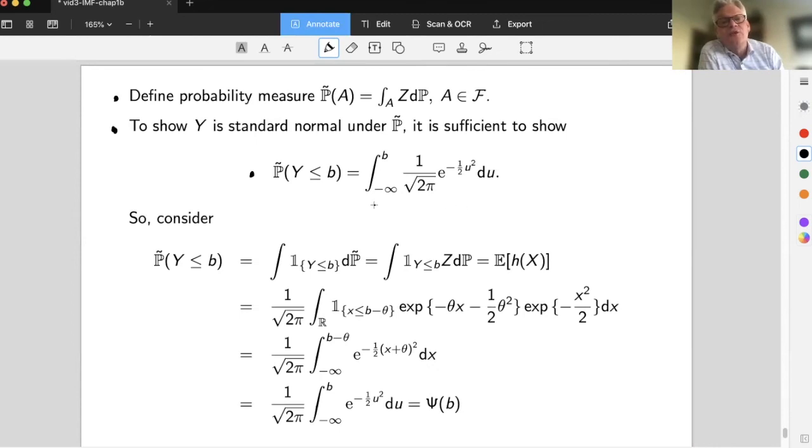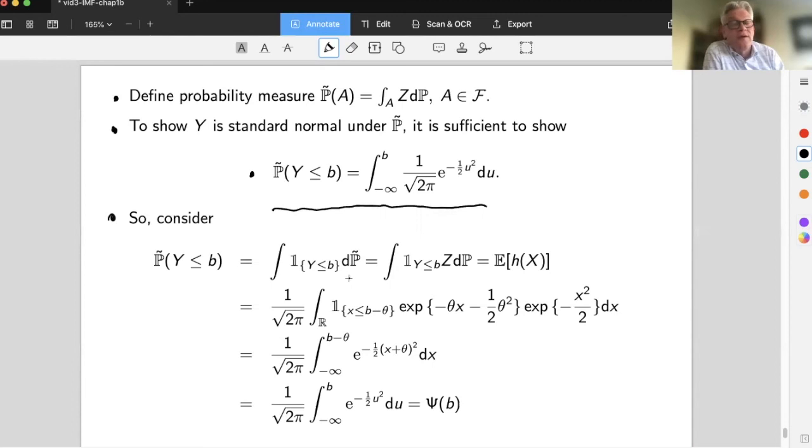When this holds true, we have shown that Y is a standard normally distributed random variable. So let's write it out. This probability P tilde of Y less or equal to little b is the integral of the indicator function where Y is less or equal to little b dP tilde.